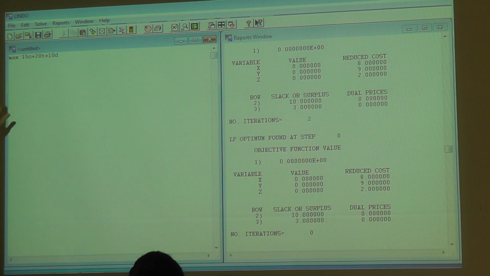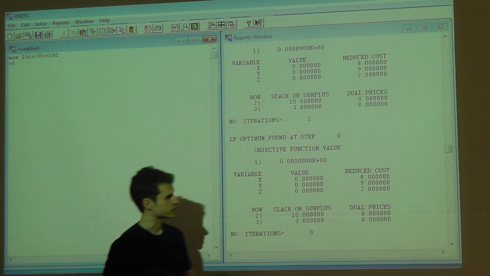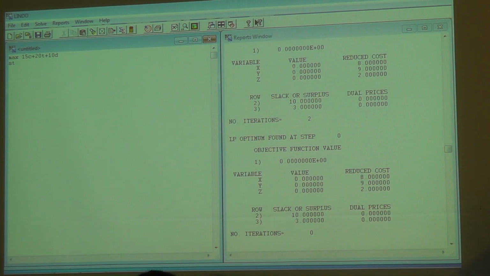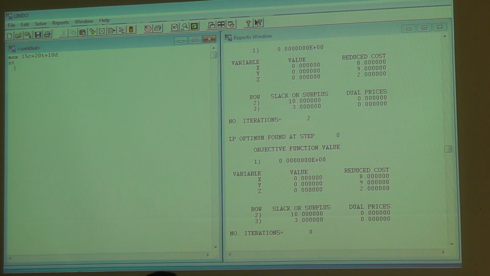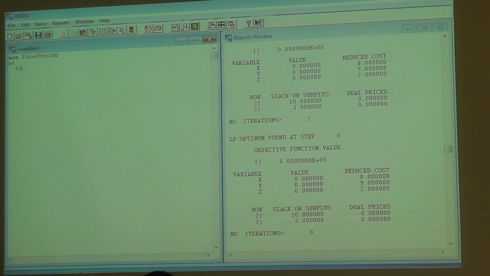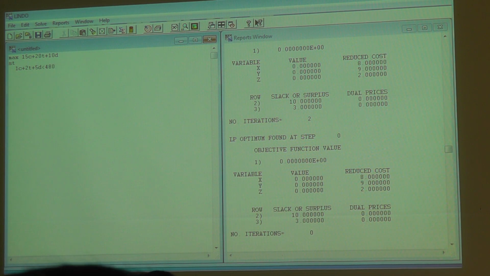So I will maximize this function subject to the following constraints. The constraints will come from resources. The first resource is wood, so write down that I use in my production 1 times C plus 2 times T plus 5 times D units of wood, and I want this to be at most 480.